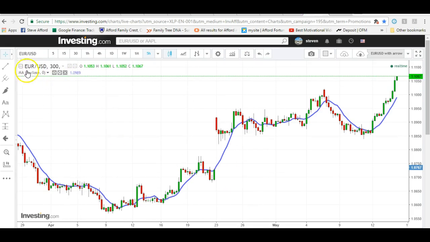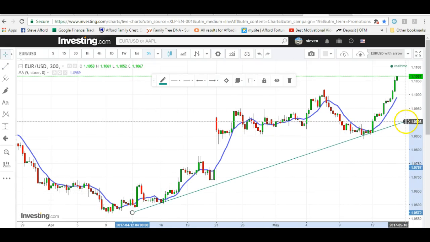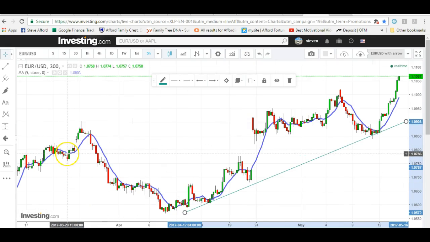Anyway, let's continue that chart and indicators by throwing up some lines. It gives us an indication of where this asset is moving.